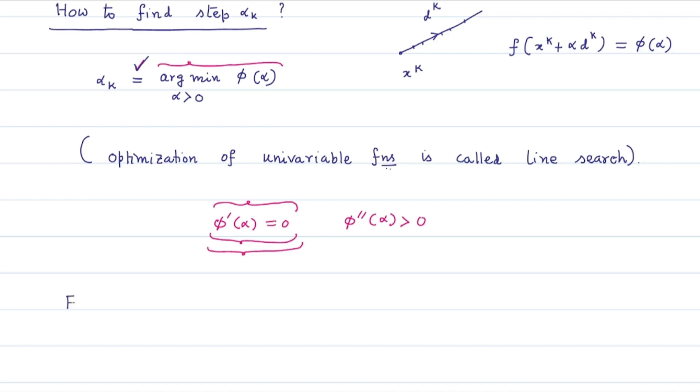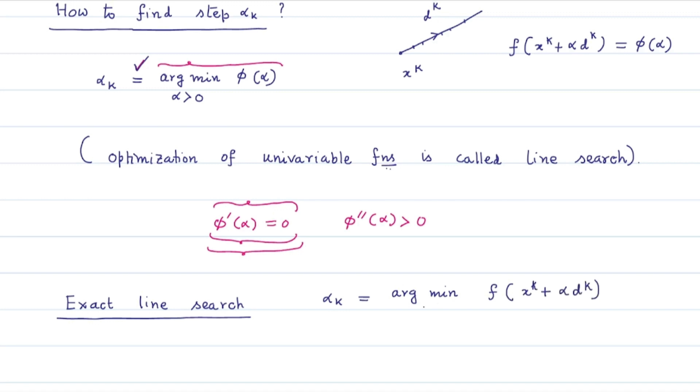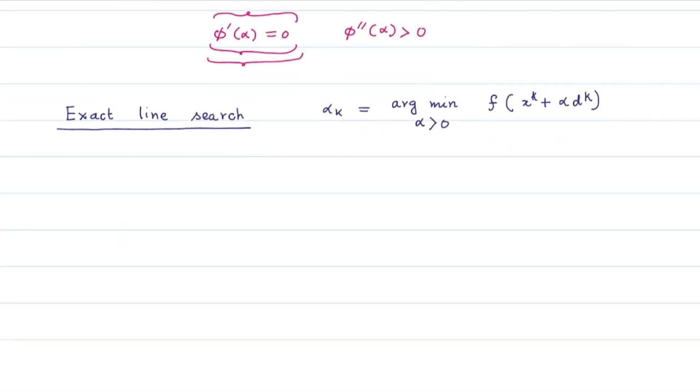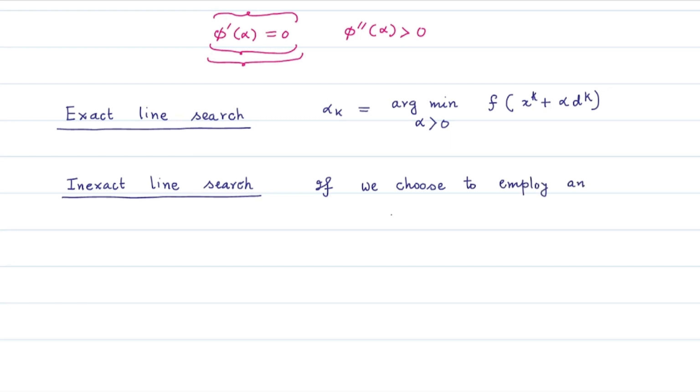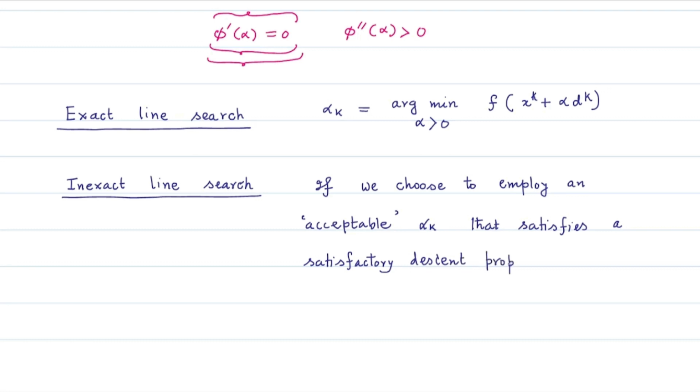So we name here that exact line search is the line search that searches for alpha k to be exactly a minimizer of the function f along the direction dk, and we refer to inexact line searches as the case if we choose to employ an acceptable alpha k that satisfies a satisfactory descent property, that is, the function value is sufficiently degraded in the next iterate.